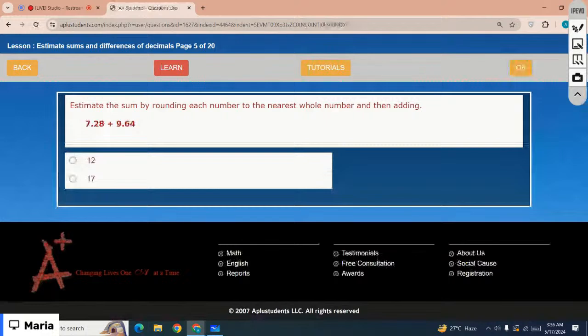Estimate the sum by rounding each number to the nearest whole number and then adding. 7.28 plus 9.64. Which is the correct option? Yes, 17 is the correct option.